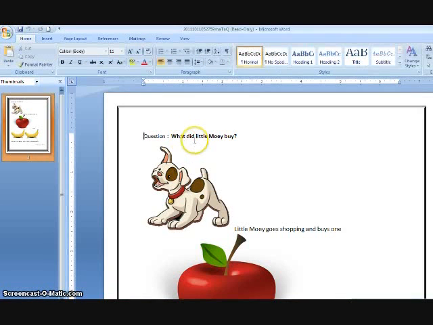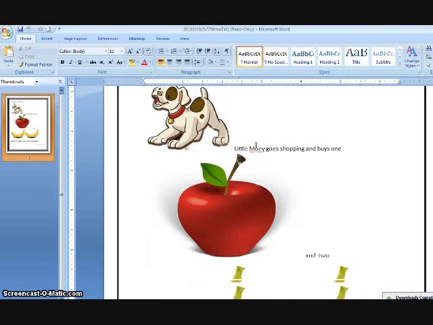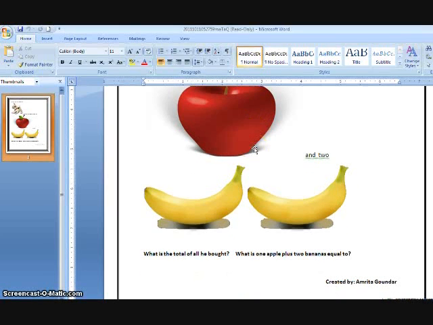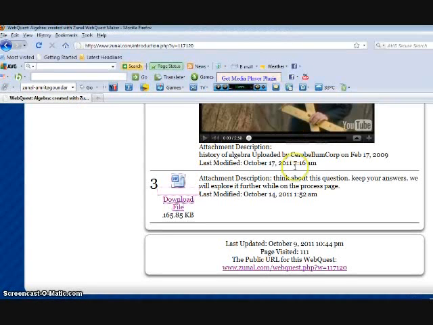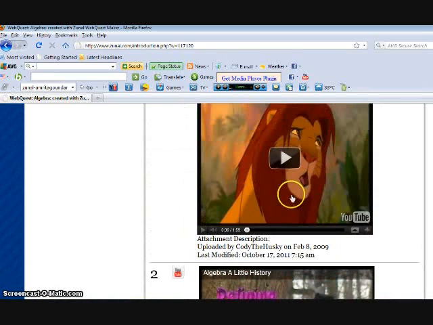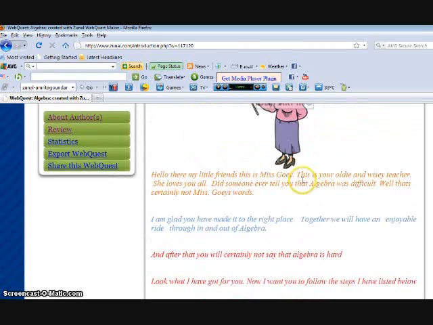That's the question that I have posted. What did Little Maui buy? Little Maui goes shopping and buys 1 apple and 2 bananas. What is the total of all he bought? The students need to ponder upon this question as they go through the web quest.